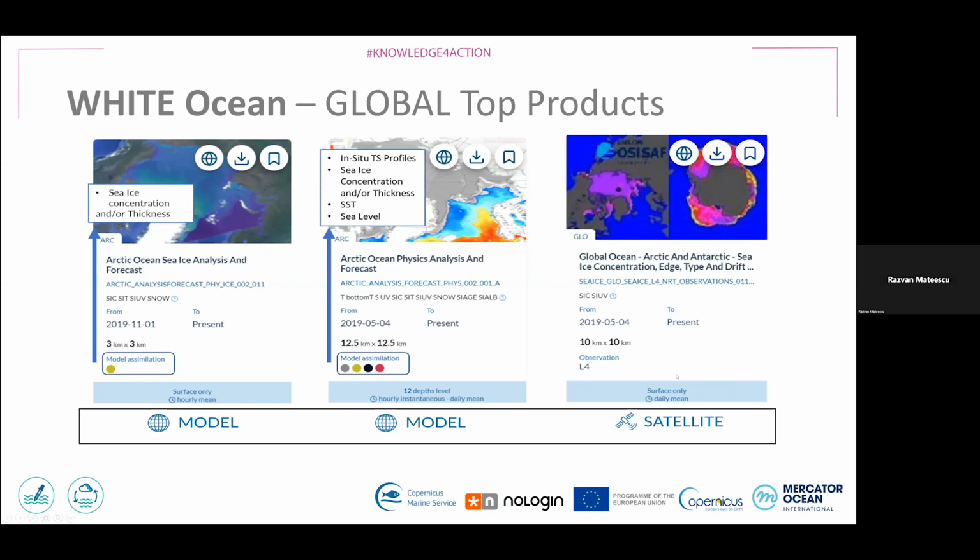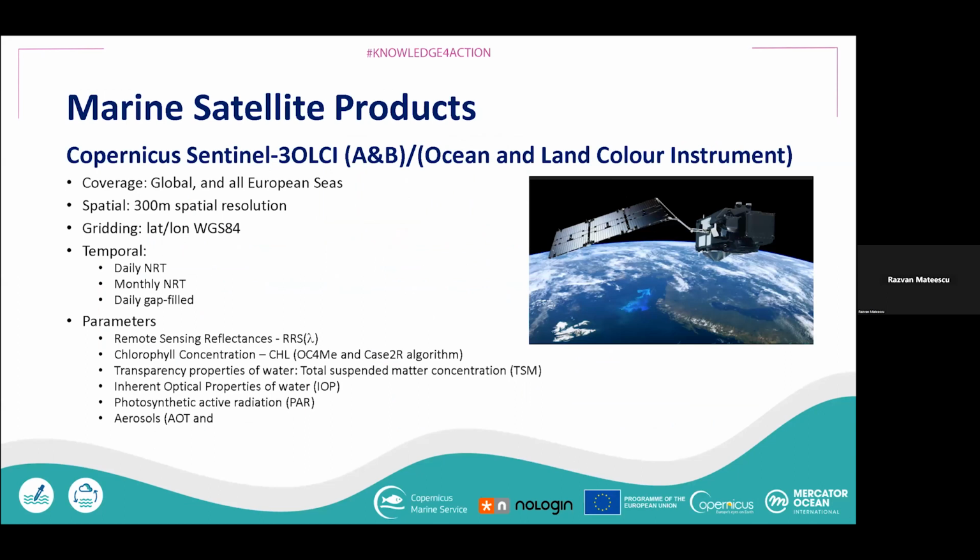For satellite data, you may find global ocean in Arctic and Antarctic seas: the ice concentration, age, type, and drift of icebergs, since 2019, with a resolution of 10 kilometers at the most processed level of a product.